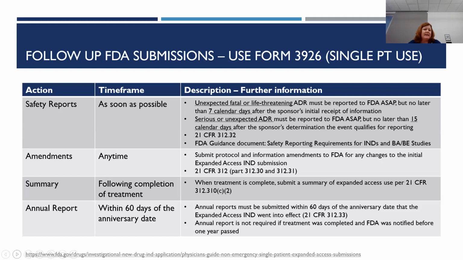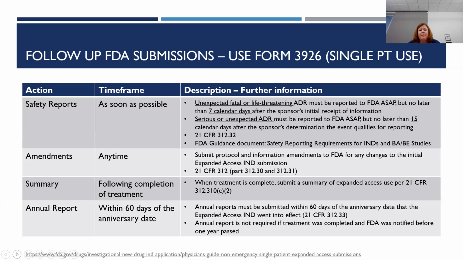They're expecting a safety report as soon as possible when anything happens that requires reporting to the FDA under the regulations. The unexpected fatal or life-threatening adverse drug reactions have to go in within 7 days after the physician hears about it.